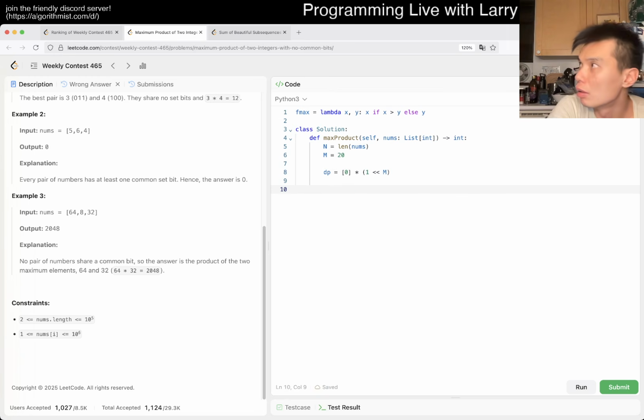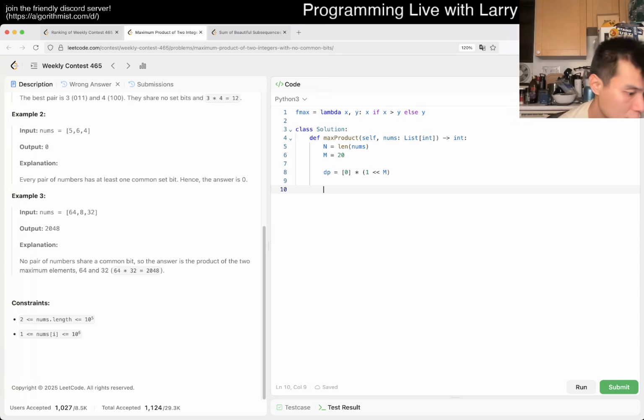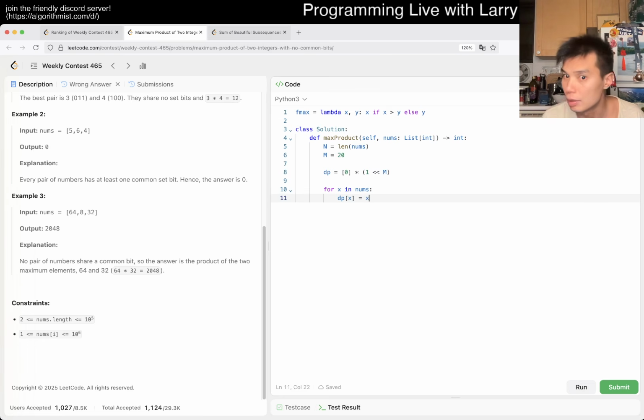Okay, so now, how do I write this? So it is something like for x in nums, dp of x is equal to x or something, right? And what does that mean?